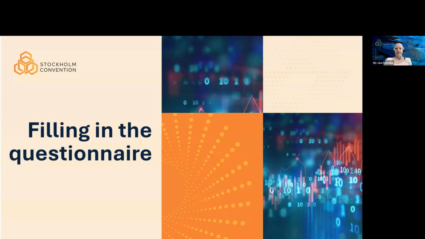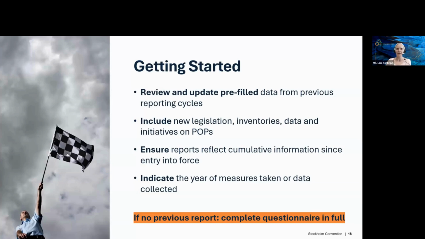So how to fill in the questionnaire? I will only go very briefly into this as we don't have so much time during this presentation, except for the PCB part, but I wanted to give a brief introduction.